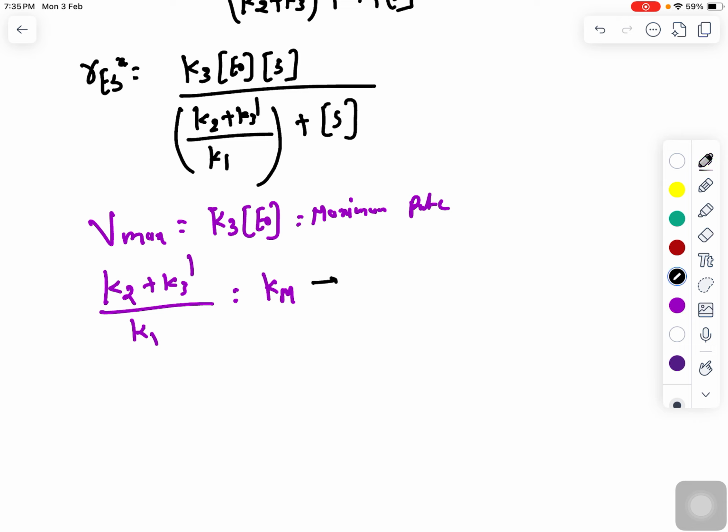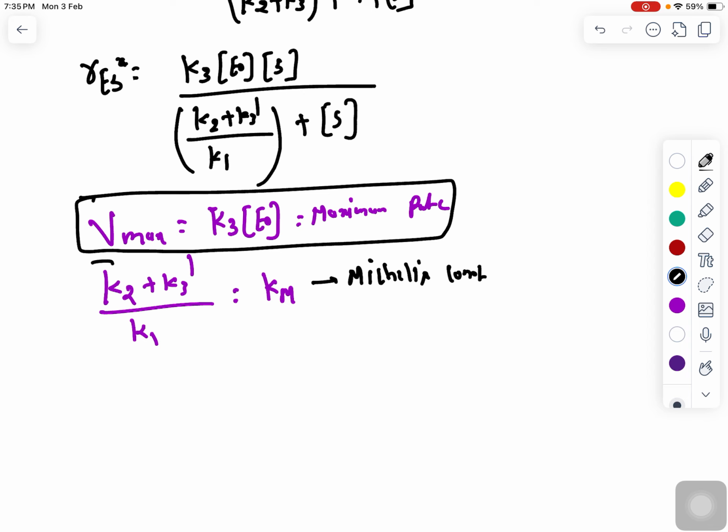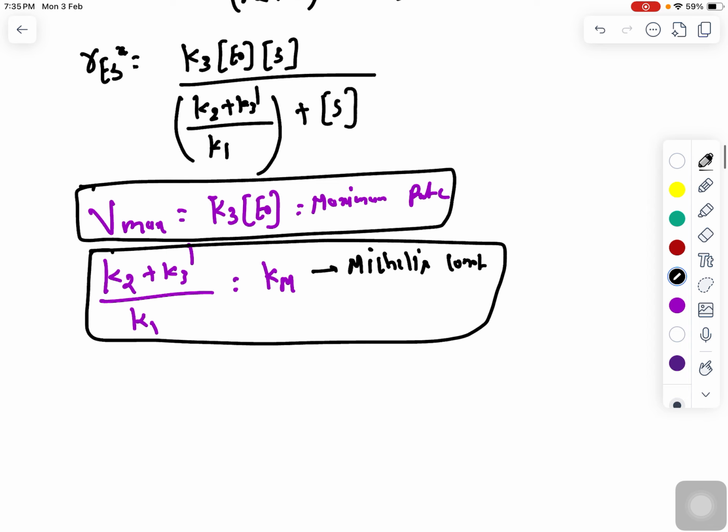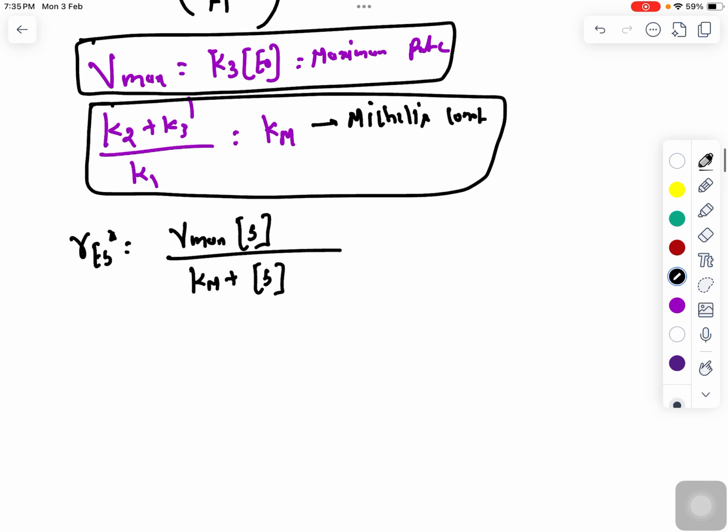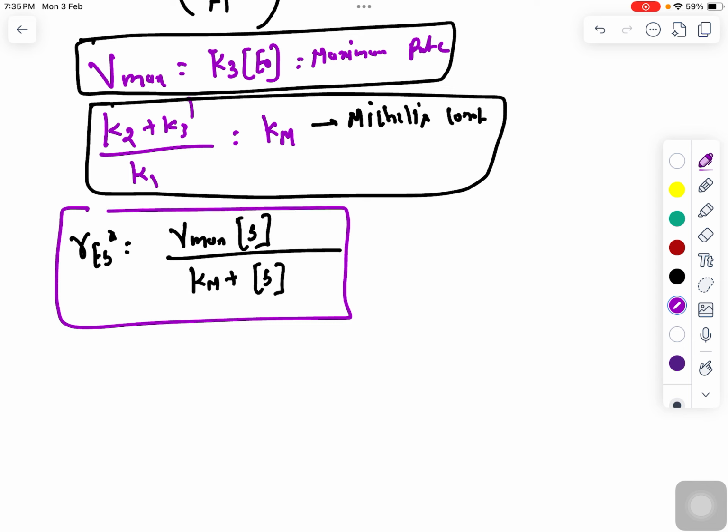This is called the Michaelis constant. Okay, so these two parameters are also very important when we talk about the enzyme substrate complex reaction. So then I can write R ES star as Vmax into concentration of S divided by Km plus concentration of S. Is that clear? And this equation is called the Michaelis-Menten equation or kinetics.